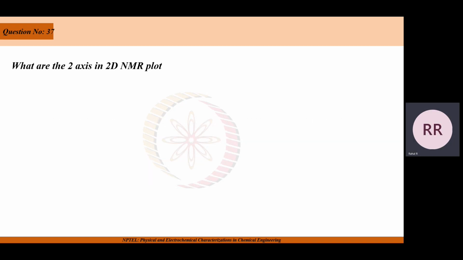Now, what are the axes in a 2D NMR plot? In 2D NMR, as the name says, there will be two dimensions, and what are they? You can think for a while, then I will let you know the answer.